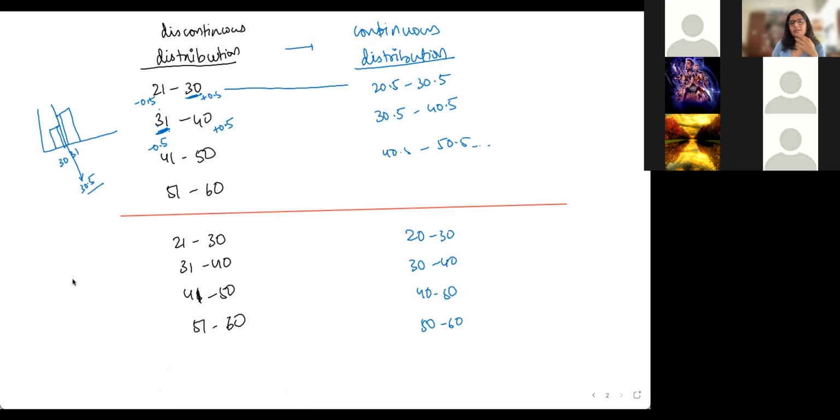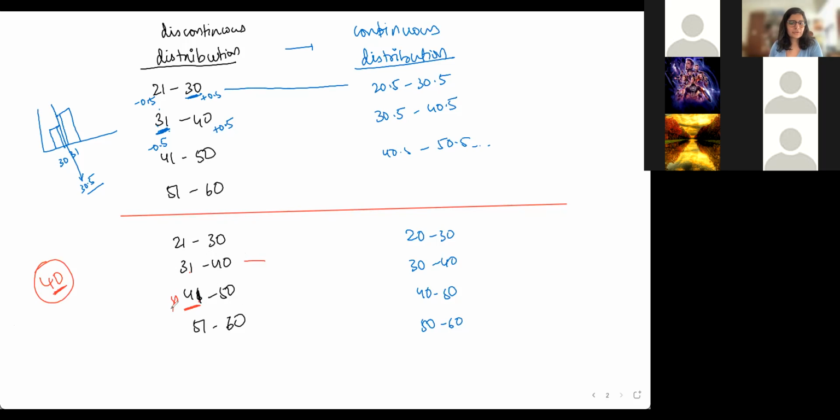Suppose I have the observation 40. In the discontinuous distribution, which class is it going to go in? 31 to 40. 40 is exact, so you just have to see which interval it fits in. 31 to 40 is pretty straightforward, because the next one starts from 41, and 40 is less than 41.